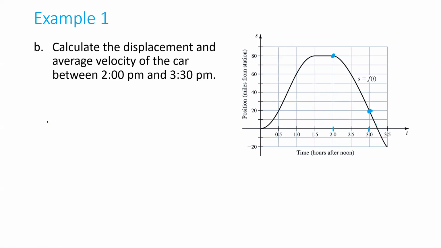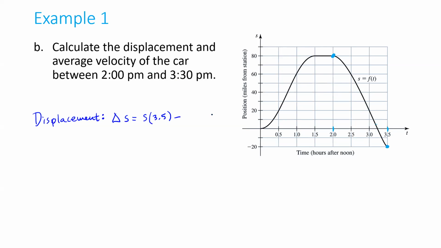So remember, his displacement would be the change in position over that time. So think of it, it's his position at 3:30 minus, oh, sorry, 3:30. I put 3 here. 3:30 would be at the end here, right?